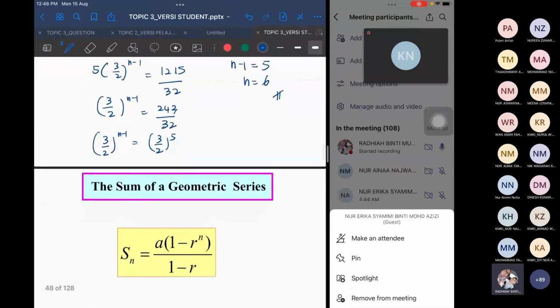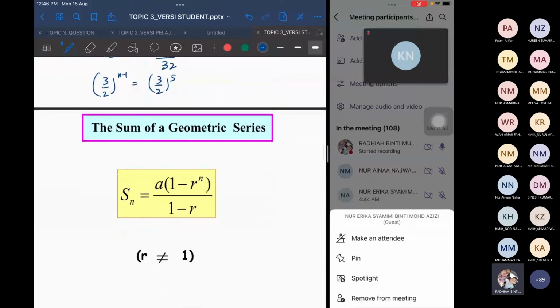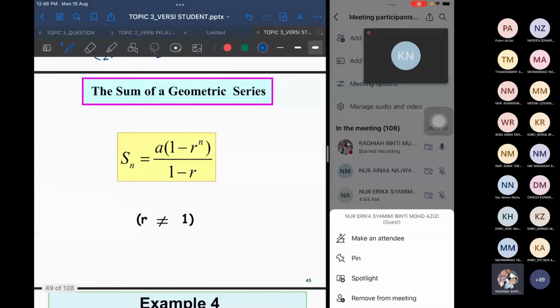Okay, sempat salin kan? Okay, so kita tengok pula the sum of geometric series. Dia kata sum of geometric series, you punya formula adalah Sn is equal to A times dengan 1 minus R power of n divide by 1 minus R. Ataupun dia ada satu lagi formula sama je ya kelas kalau awak nak guna yang ni ataupun yang ni.